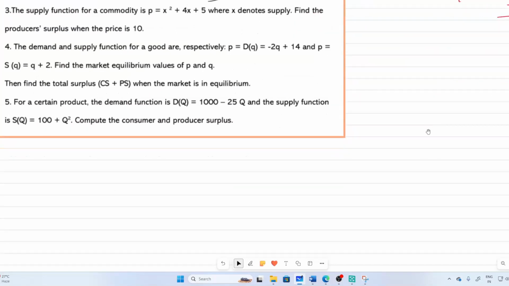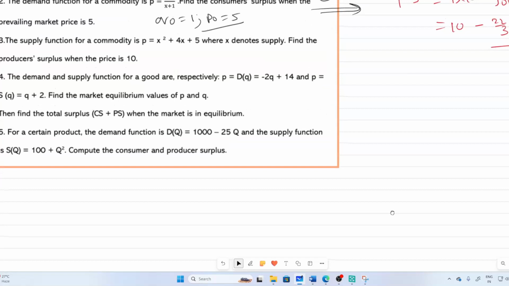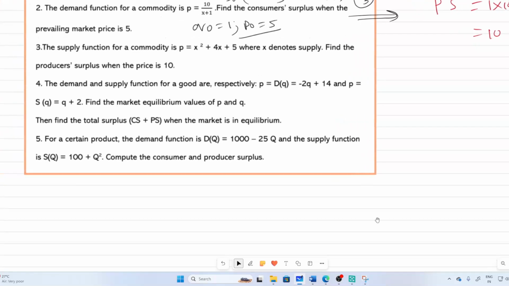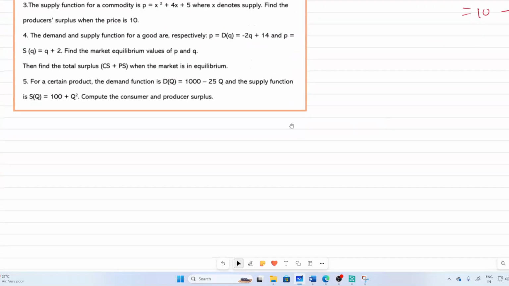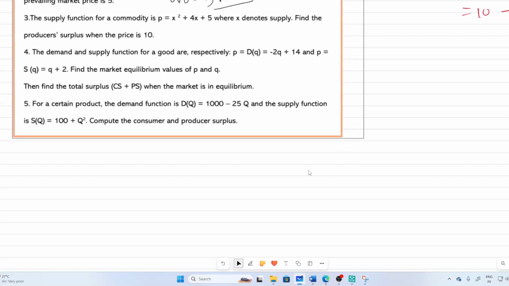Now let us do number 4. A very good sum. And number 5 also a good sum. Let us see how to solve it. In 4 and 5, demand function and supply function both are given here. So I'll tell you the simple technique to solve this problem. You have a little bit of idea of definite integration, how to apply it to find consumer surplus and producer surplus.